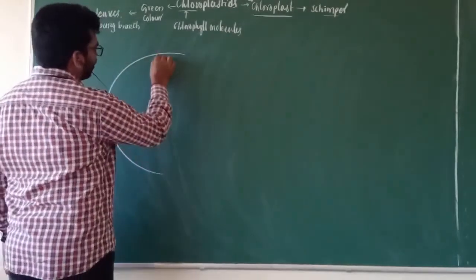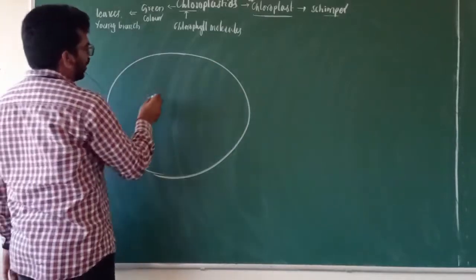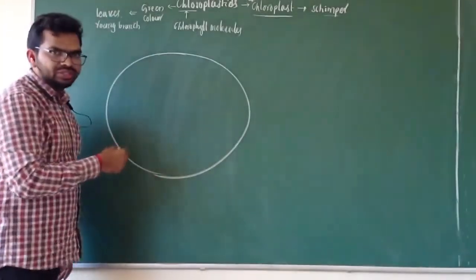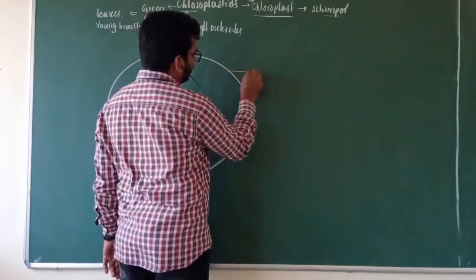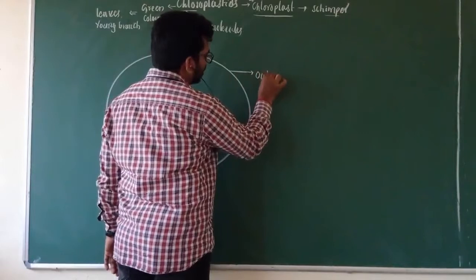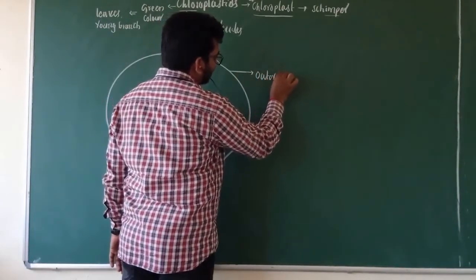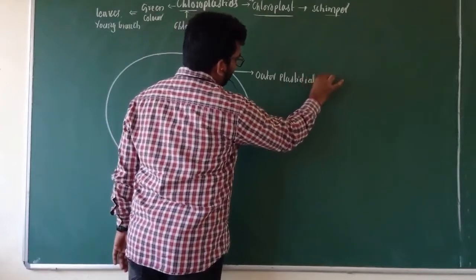One is the outer membrane, we can call it the outer plastidial membrane.